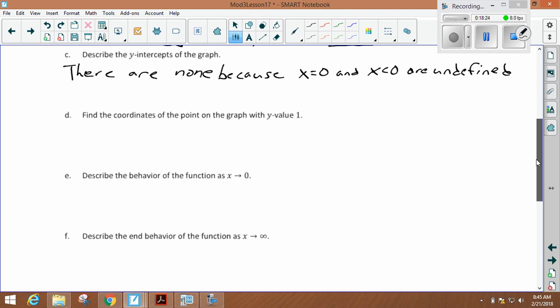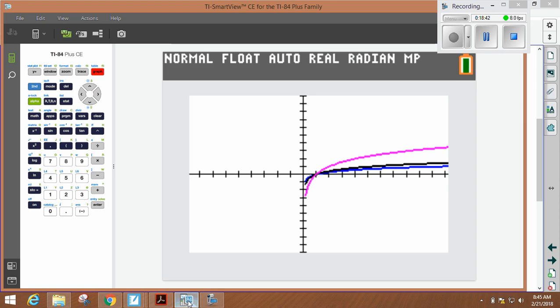Find the coordinates on the point with the graph, on the graph with the y value equal to 1. So what happens? Let's think about it. Well, let's look at our graph first. Let's go ahead and go over here. So I can hit trace on my calculator, and let's see. Do I want to do that one?